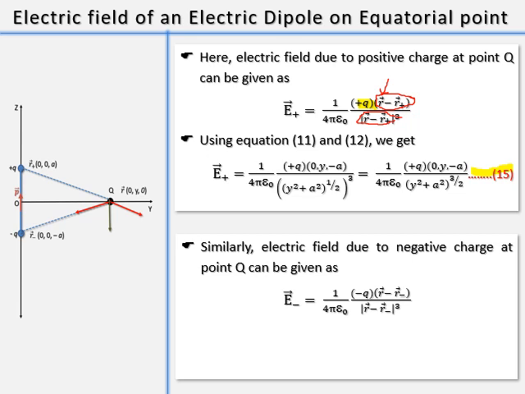We want the electric field of the negative charge, so here we will have minus Q multiplied by r minus r negative, and in the denominator we have mod of r minus r negative whole cube. And again we have these values, we already calculated these two values in equations 13 and 14.